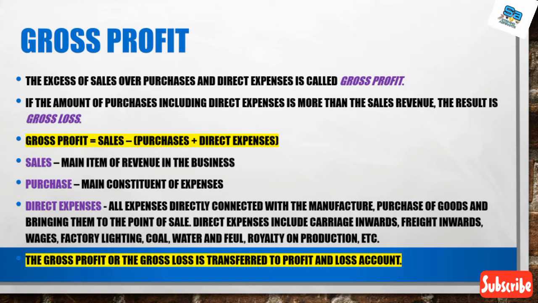When it comes to gross profit, it is the excess of sales over purchase and direct expense. In other words, we can say if the sales or the revenue or the turnover is more than the amount spent for acquiring or procuring materials in the business, and also the direct expense of the business, then such a situation is called gross profit.